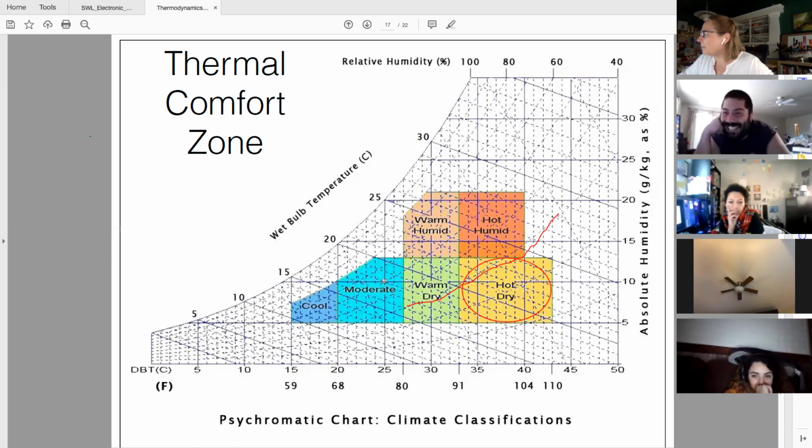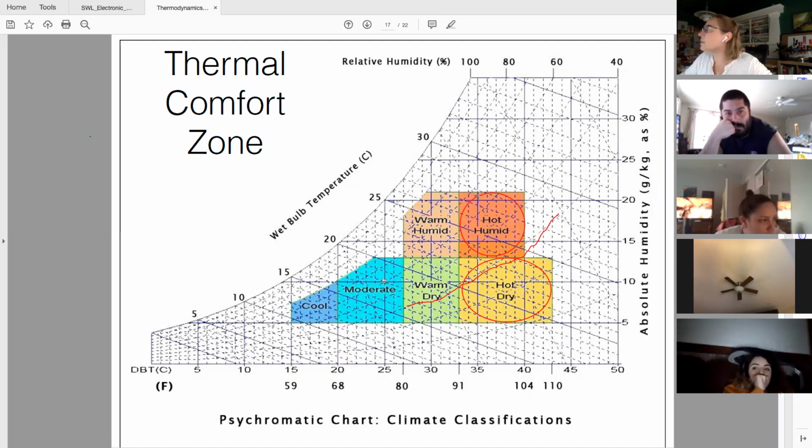So hot, humid air is above 30 percent relative humidity, but you can't get too hot, and these are still considered comfortable zones.